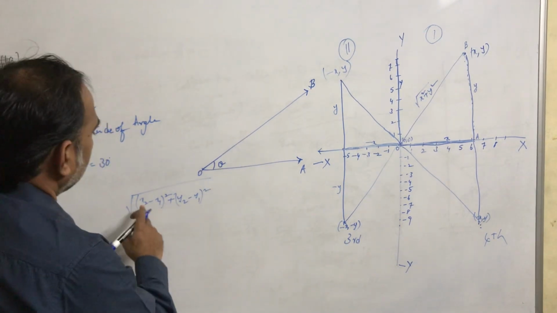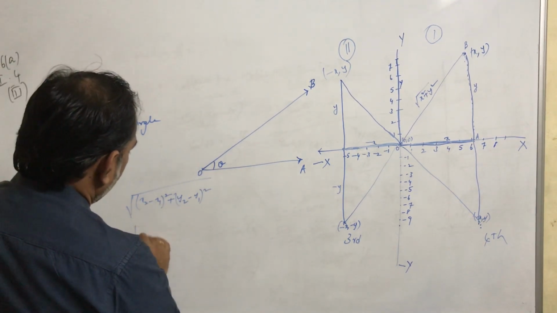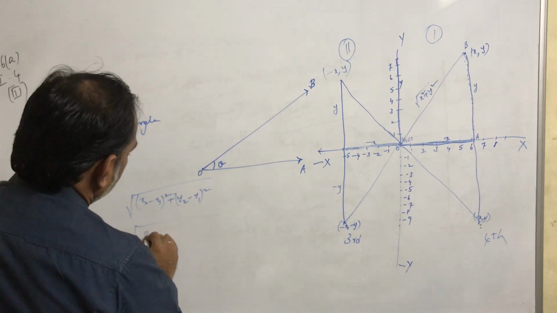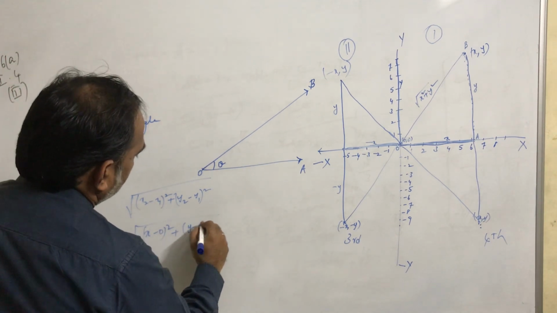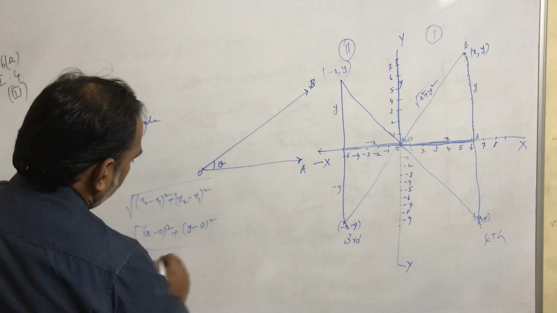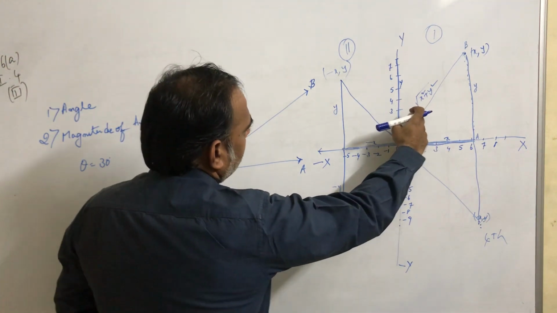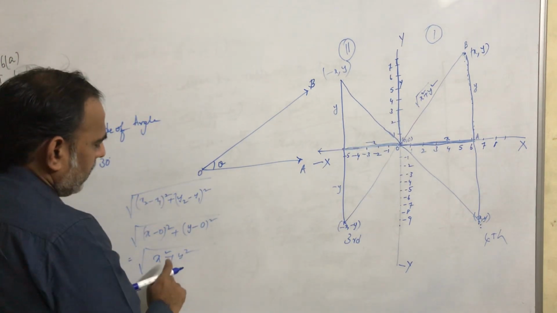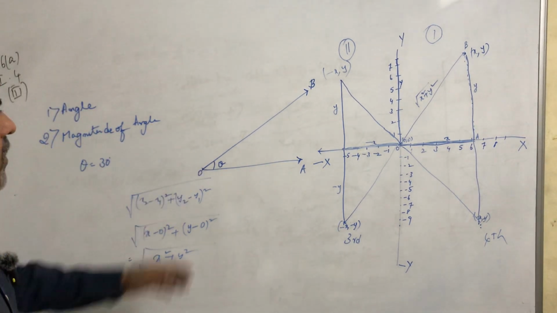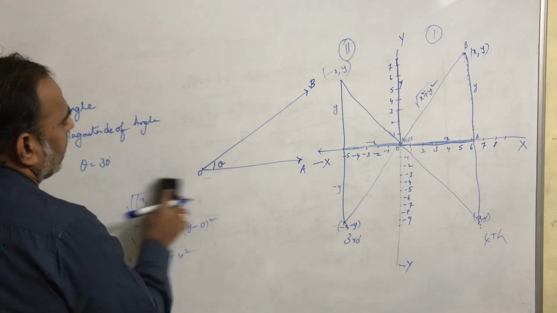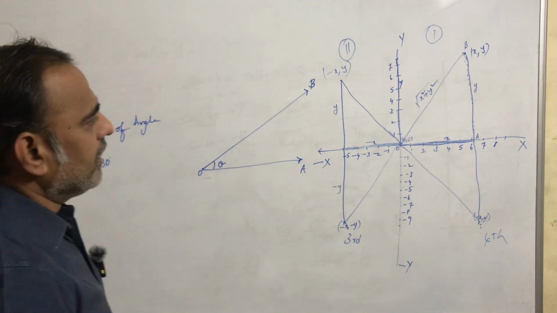Let us take (x2, y2) as (x, y) and (x1, y1) as (0, 0). Substituting, we get (x minus 0) whole square plus (y minus 0) whole square, which simplifies to the square root of x square plus y square. We got the same thing with both the Pythagoras theorem and the distance formula. I am just doing it in two ways. These are the fundamental things that we already know.